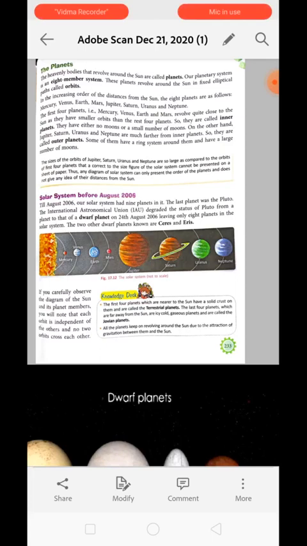The time taken to complete one round around the sun is called its period of revolution. As the distance of the planet from the sun increases, the period of revolution also increases. If the orbit is short and the planet is closer to the sun, obviously the period of revolution will be shorter.